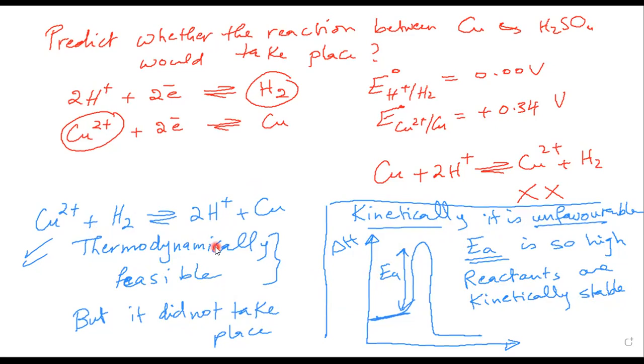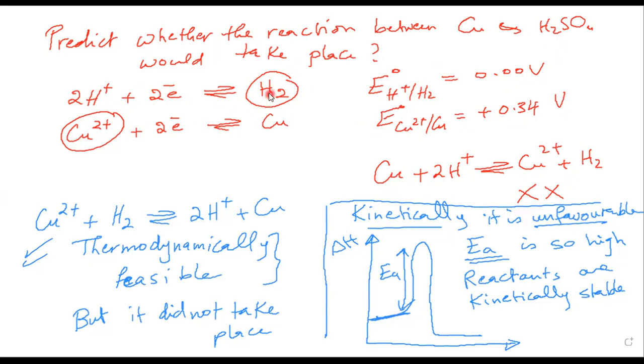So the first reaction, when they asked us to predict whether the reaction between copper and sulfuric acid would take place, we found it would not. Why? Because when we arranged the half cell equations, with the less positive first and the more positive below it, we found that hydrogen ions cannot react with copper metal as they wanted us to predict, because it will be the opposite: hydrogen gas reacting with copper ions.